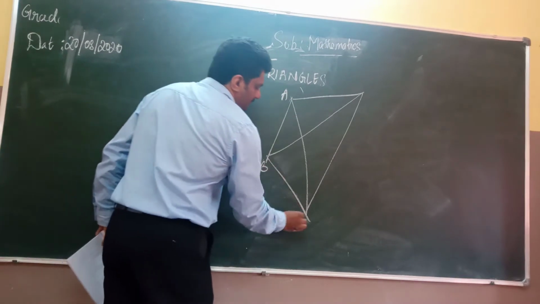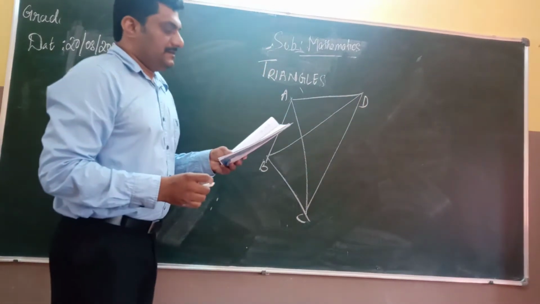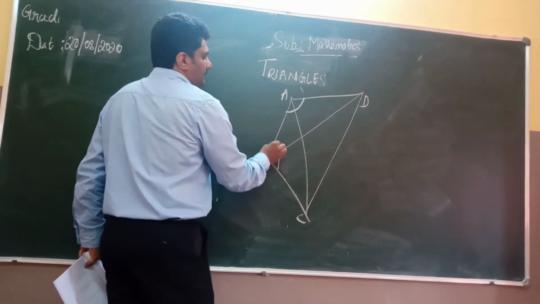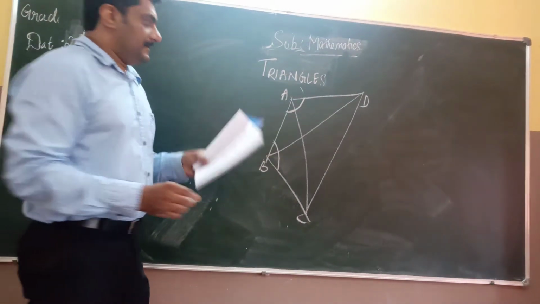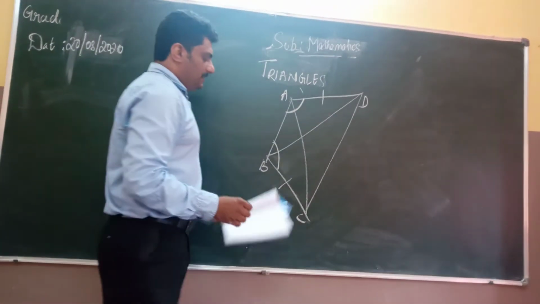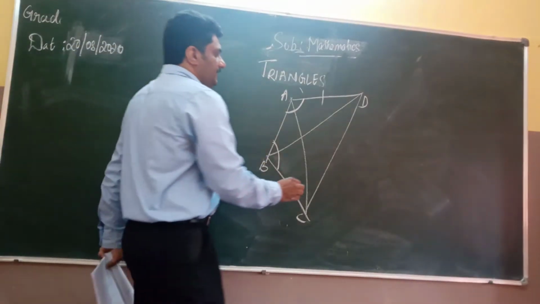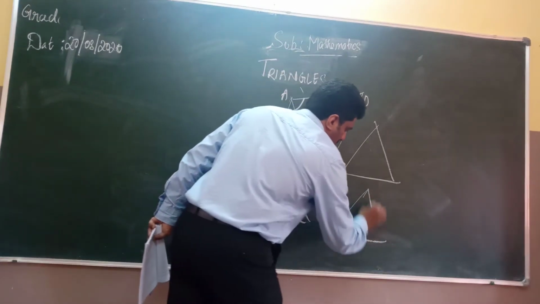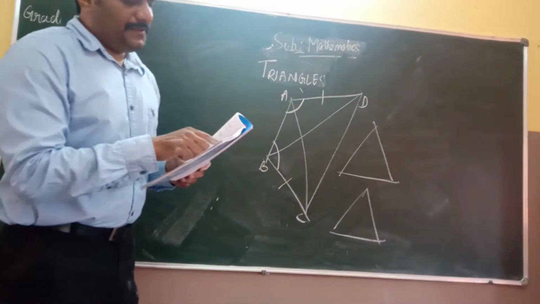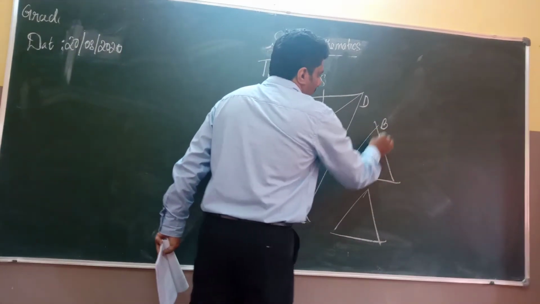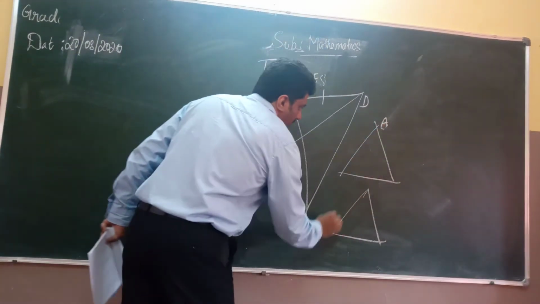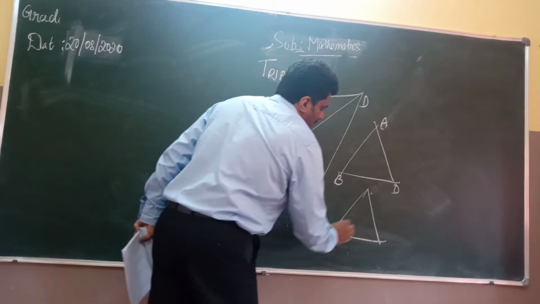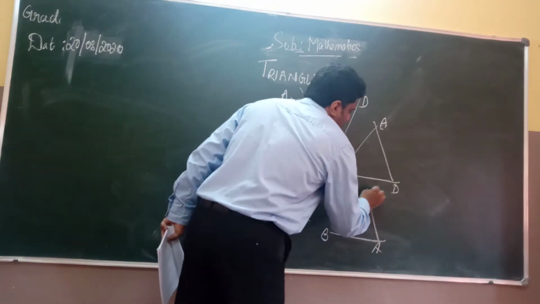A, B, C, D. Now in this, they are talking about this complete angle, and these two sides are equal. Now what are they asking? Triangle ABD and triangle BAC.